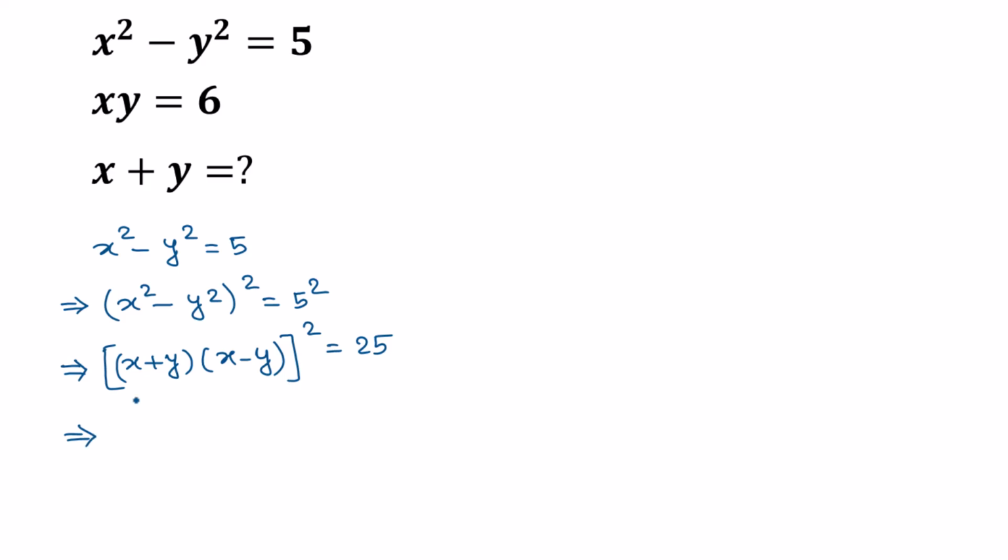Or this (x plus y) times (x minus y) whole square, we can write this as (x plus y) square times (x minus y) square is equal to 25.